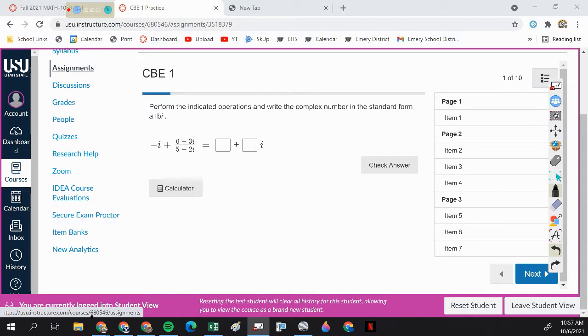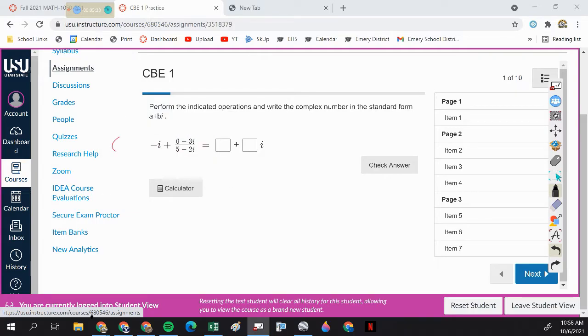Now, when you are performing operations on i's, just like square roots, you are not allowed to leave an i in the denominator. Okay. So first, we need a common denominator. We have two fractions. I need a common denominator. What will the common denominator be? 5 minus 2i.